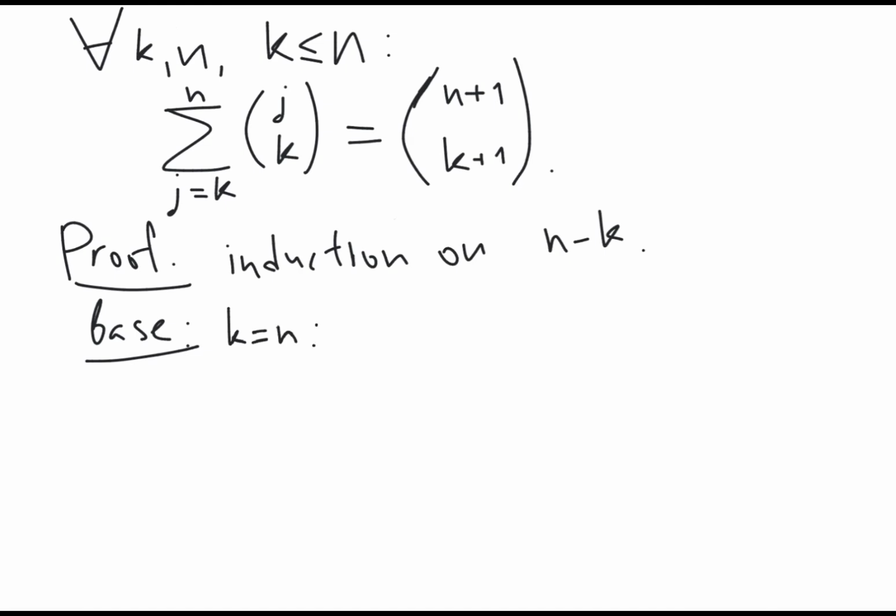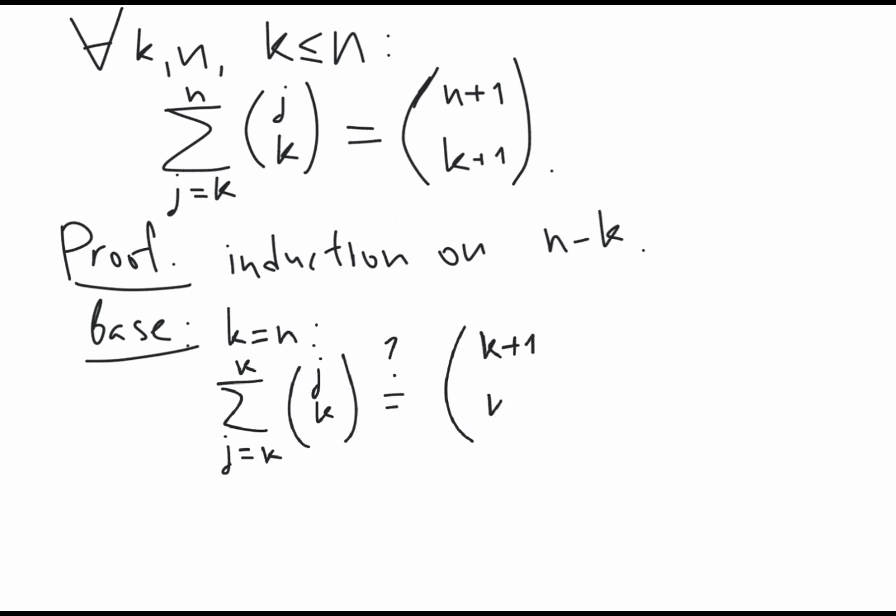So then we have the sum for j from k to k, basically, because n is equal to k, right? (j choose k), and we need to verify if this is equal to the binomial coefficient (k plus 1 choose k plus 1), right?